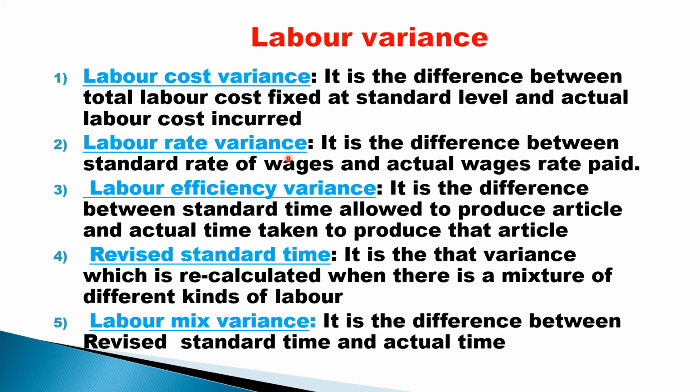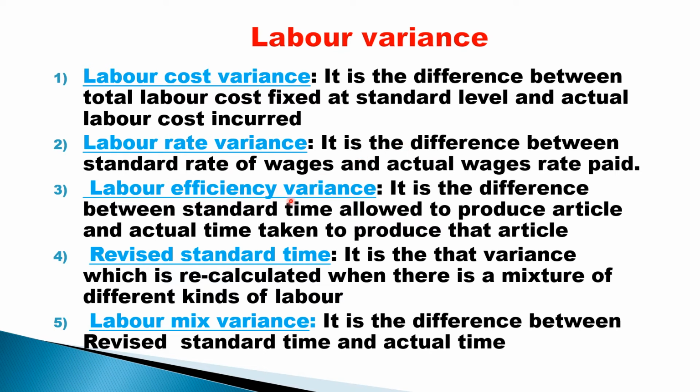That is the rate per hour. It is the difference between standard rate of wages and actual wages rate paid. As I said, 100 rupees per hour is the standard. Actually, they were paid 90 rupees per hour. Then we saved 10 rupees.